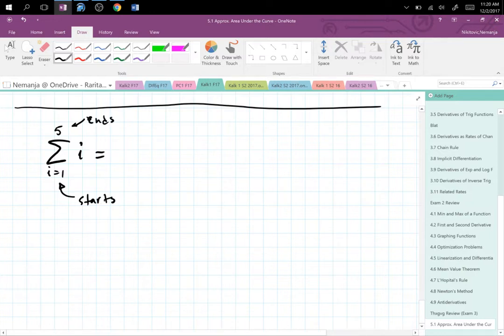First time around, I is taking a value of 1, and then there is a summation symbol, so it's plus. And then the next time around, it's like a loop in programming. It's taking a value of 2, plus 3, plus 4, plus 5. 5 is where it ends. So all of this adds to 15. So sum of I, when I goes from 1 to 5, is equal to 15.